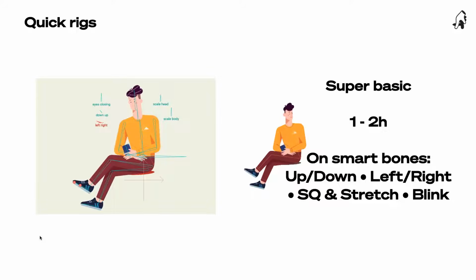So on smart bones, we always need to have up and down, left and right, squash and stretch, and for us it's super important to have separate bones for squash and stretch of the head and squash and stretch of the body, because then we can bounce it out. We can have different timing on different bounces, so it makes the animation much more awesome.